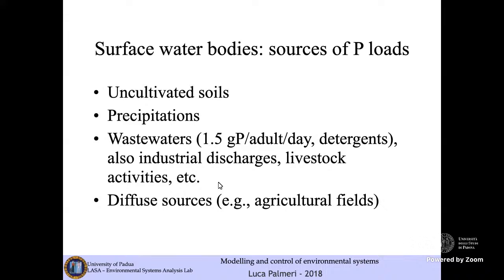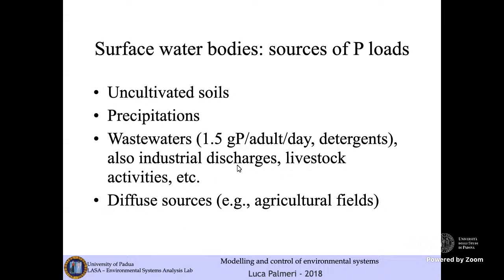You may know that in standard conditions, one adult produces 1.5 grams of phosphorus per day, or in conditions in which there is no control on the phosphates in detergents, we may also have an important contribution due to detergents. But we have also industrial discharges or livestock activities like manure producers and so on.